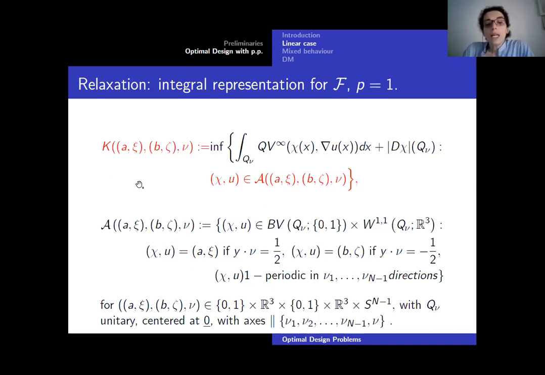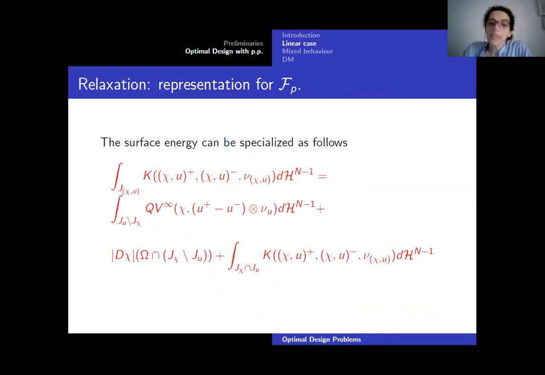Well, this interaction is modeled through this density chi, which is computed as a minimum problem in a cube oriented through the field nu, and which involves the recession function of QV and the total variation of chi. What I wanted to say is that it sounds a bit involved, but is quite natural where it's just chi jumping or just u jumping.